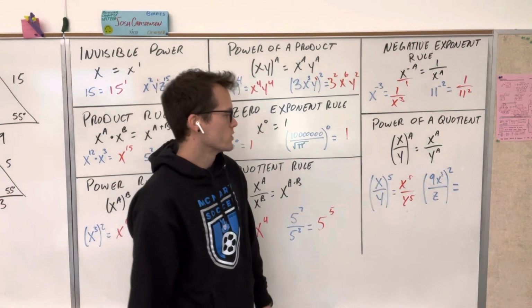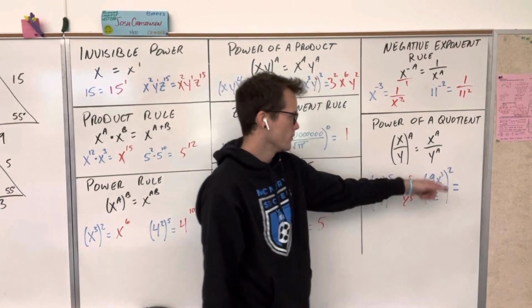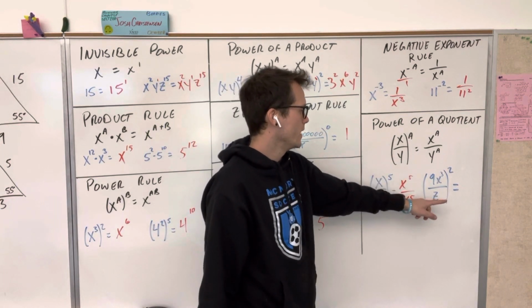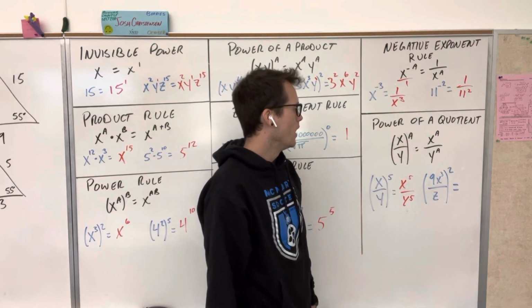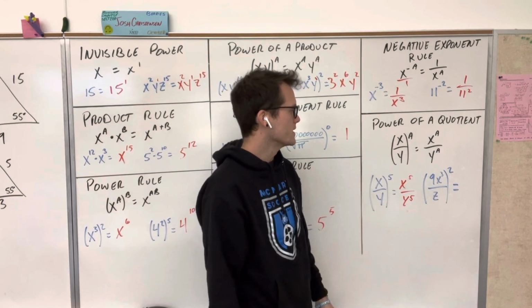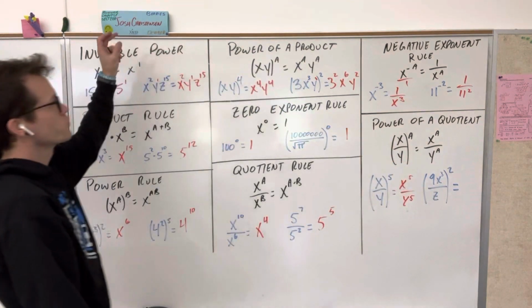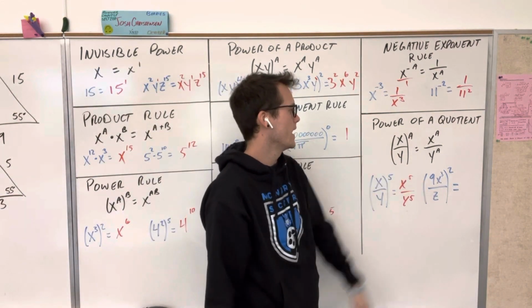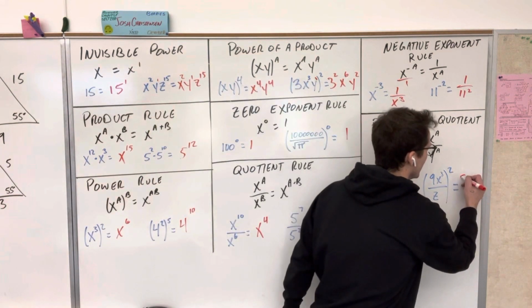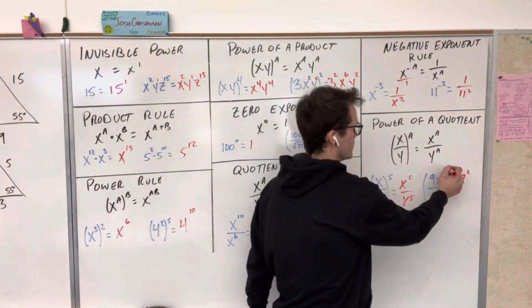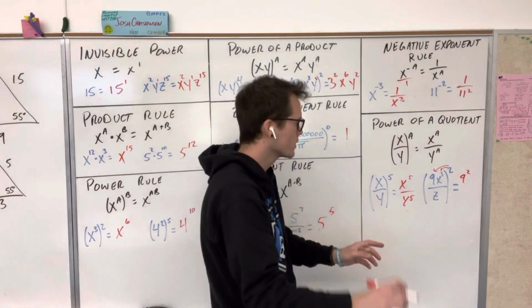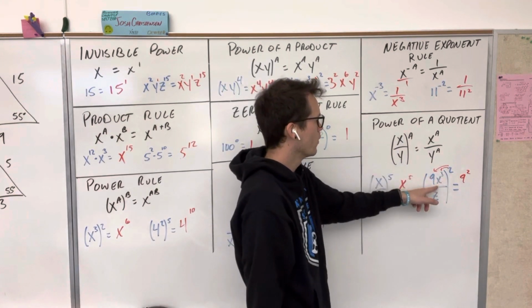And our very last one, same rule, a little bit clunkier. In the numerator, we have 9x cubed. The denominator, we have z. And we're just going to bring that 2 into each piece. So we're applying, which rule was it? The power of a product rule here as well, because this is 9 times x cubed. So this ends up being 9 squared, because if you bring this in here, again, it's kind of like distribution, not exactly. And then we're going to apply the power rule as well.